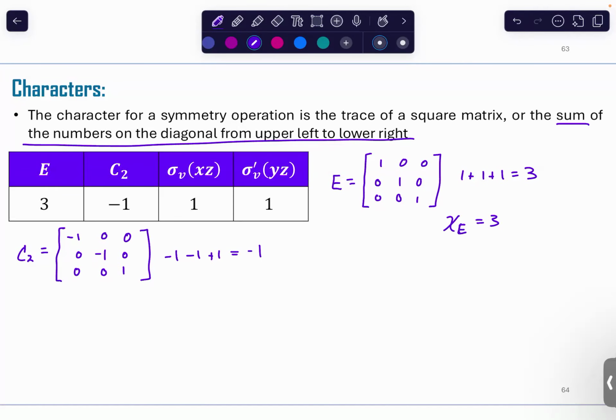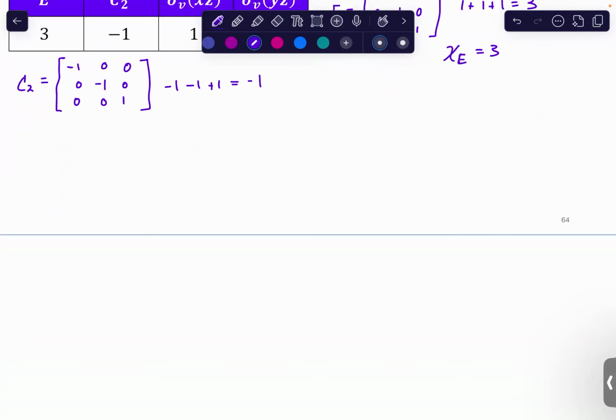But let's look at something. So our sigma V prime, okay? I want you to tell me what might be going on here.